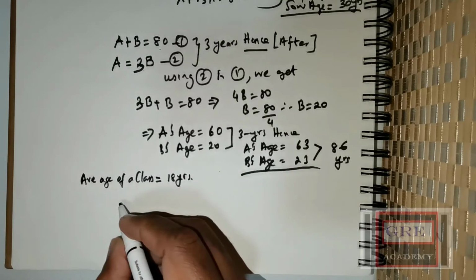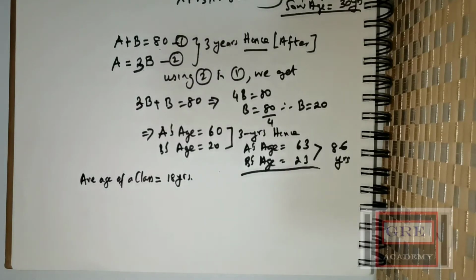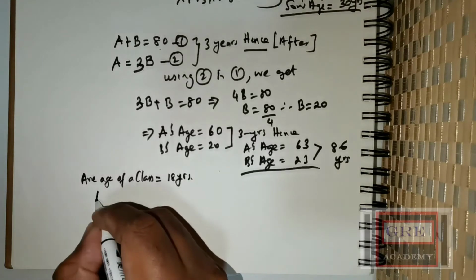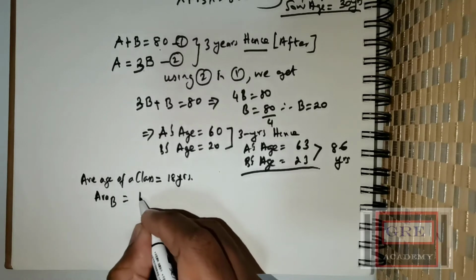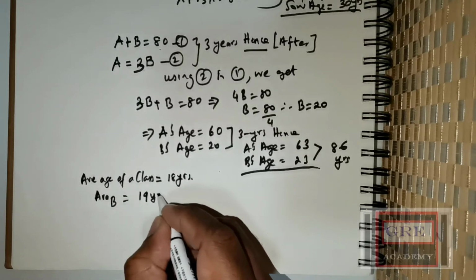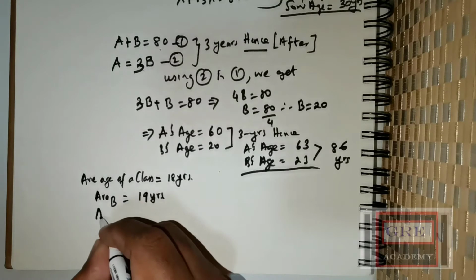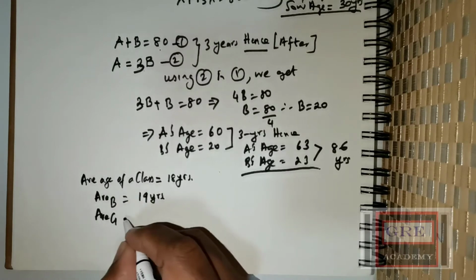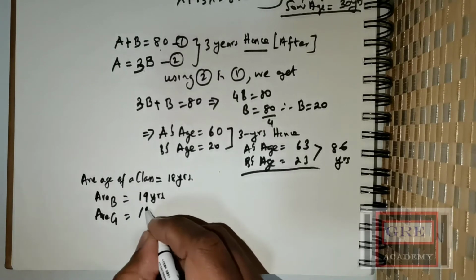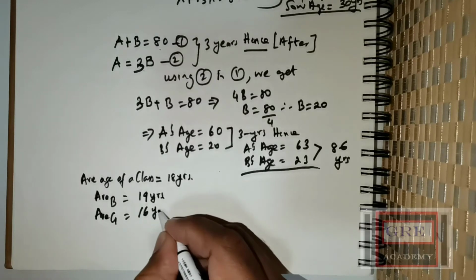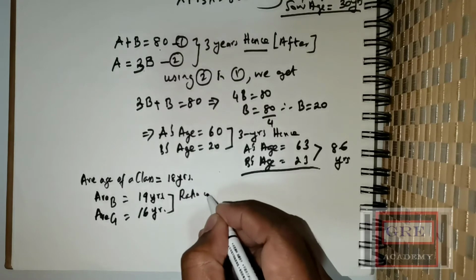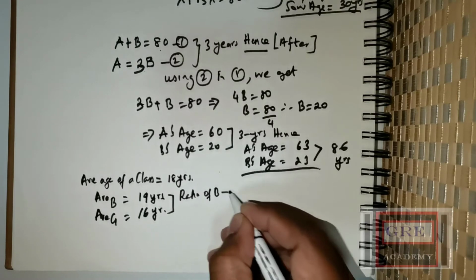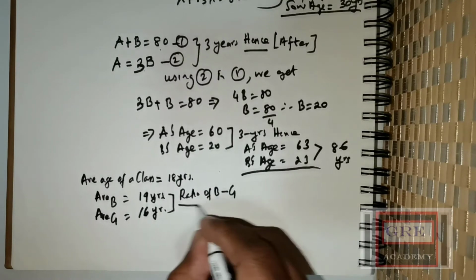And the average age of boys in the class is given to be 19 years, and the average age of girls is given to be 16 years. We are asked to find the ratio of boys to girls. This is required.